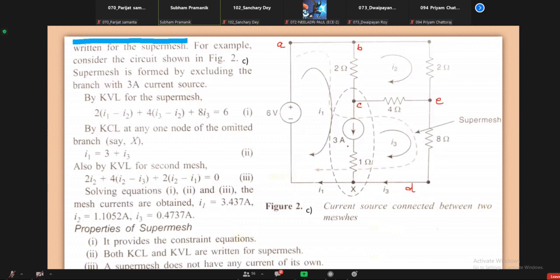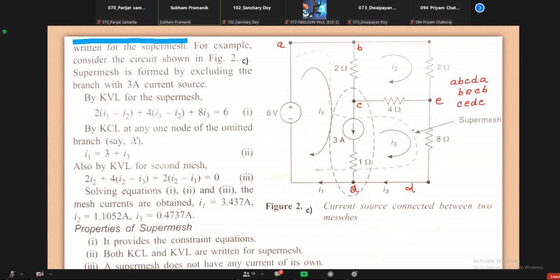This is, suppose, E. You see A, B, C, D. Consider this as D. A, B, C, D, A is a mesh. B, E, C, B is also a mesh. D, E, D, C is a mesh.